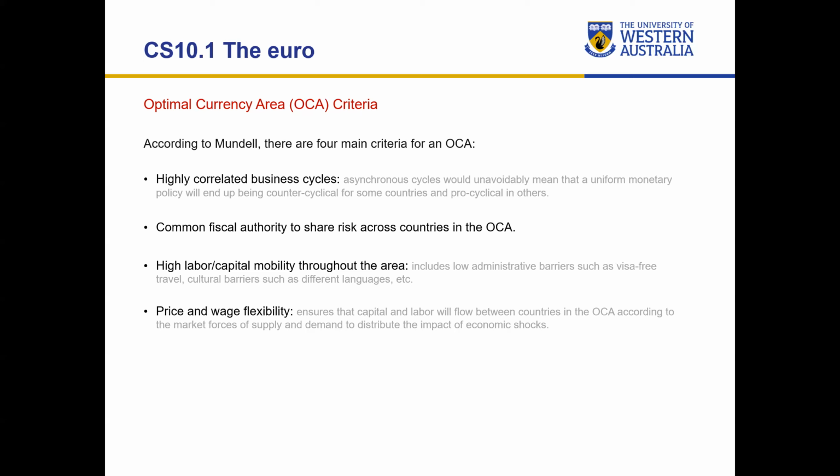But more interestingly, does Europe have that? Price and wage flexibility, or enough flexibility for a country that is in recession to move out of the recession in the absence of 1, 2, or 3? And the answer is no. It just doesn't.